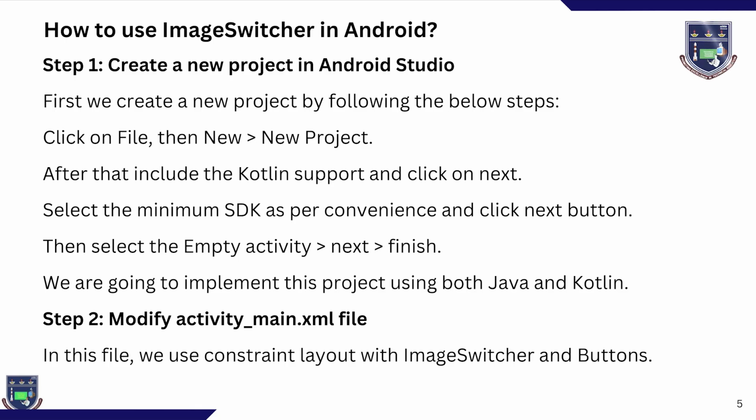Then second step, we are working on the activity_main.xml file. In this step, we define the user interface for our ImageSwitcher. Here we will use the ConstraintLayout and place the ImageSwitcher widget inside it, along with buttons to switch between the images.